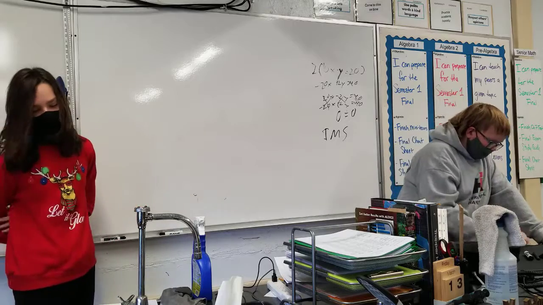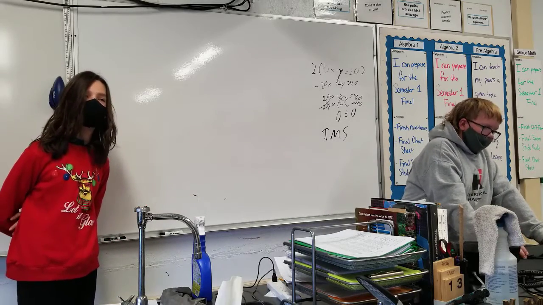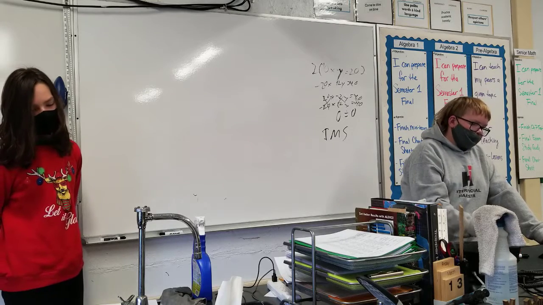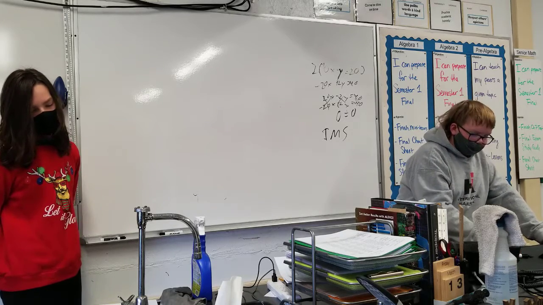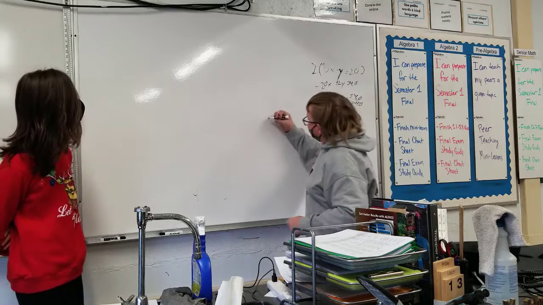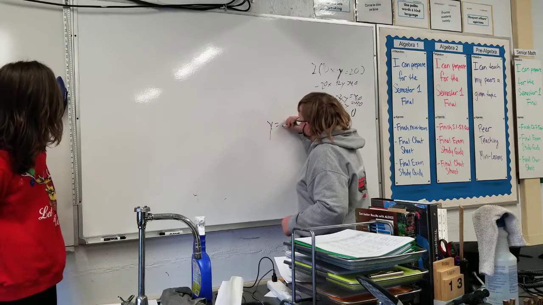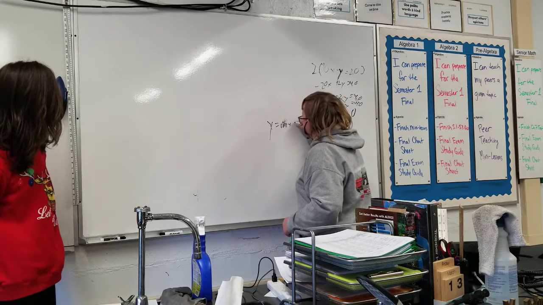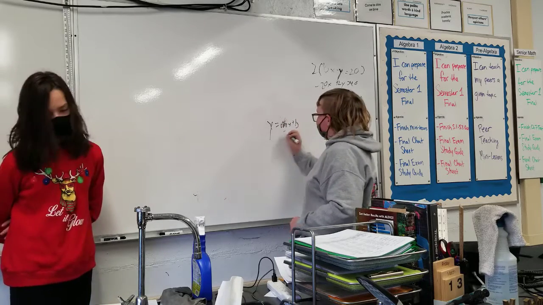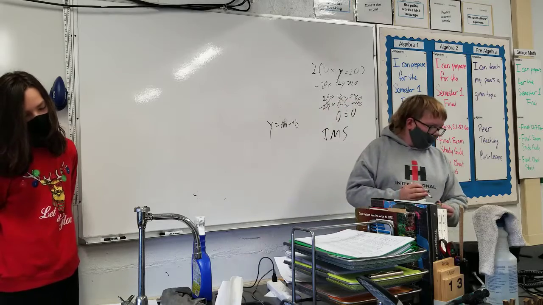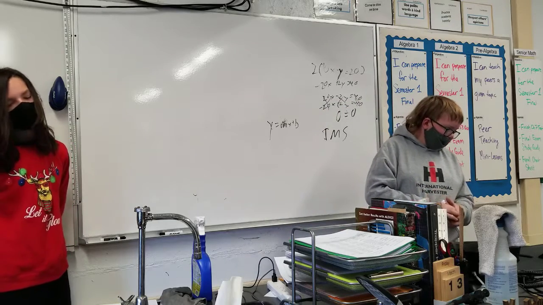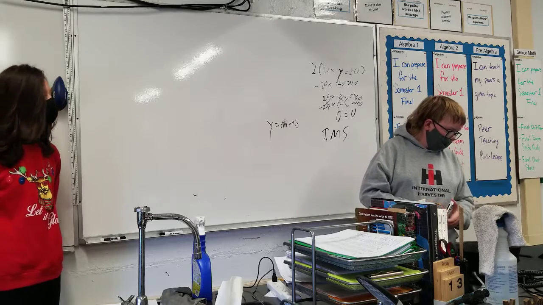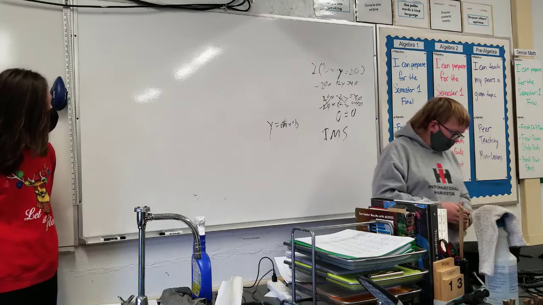If at least one of your equations in a system is in slope-intercept form, which is y equals mx plus b, it would be best to solve with substitution because you skip changing it into slope-intercept form.